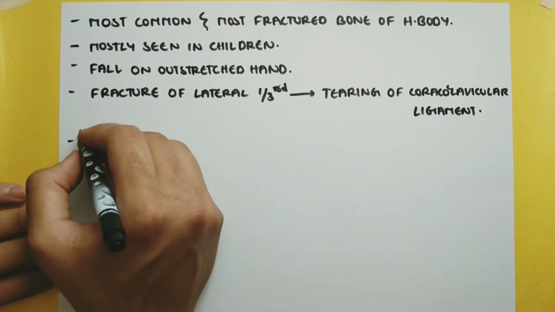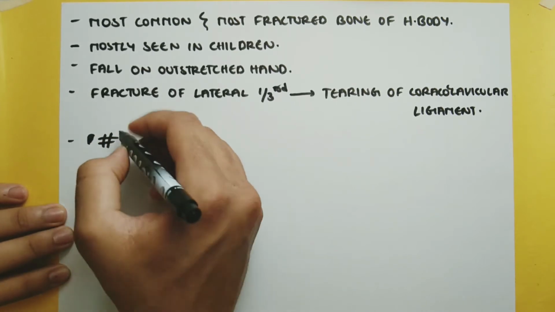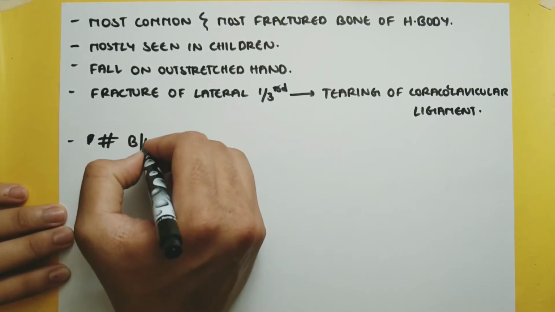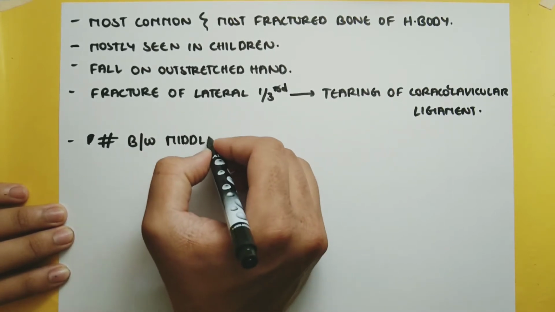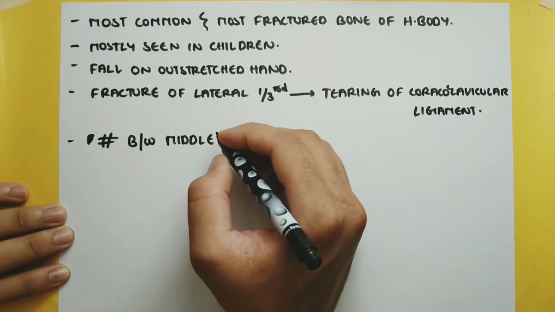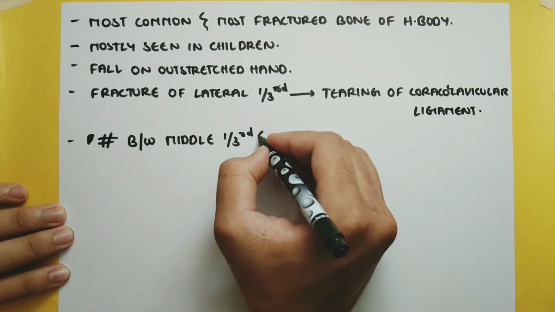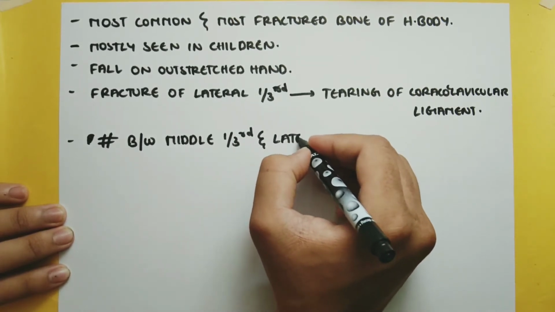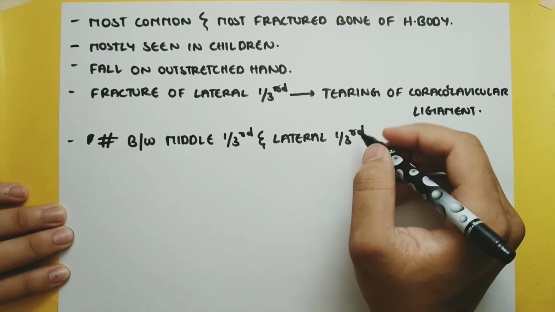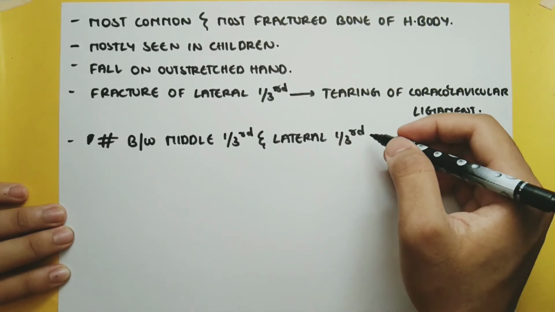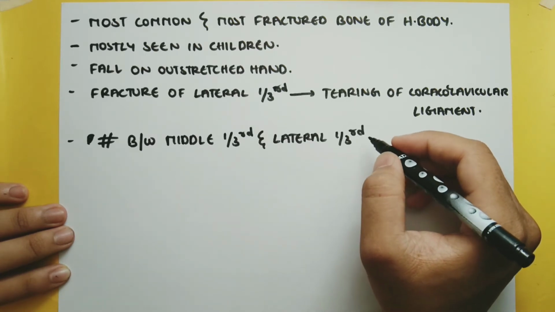Now, for fractures between the middle 1/3 and lateral 1/3, the medial fragment is displaced upward.